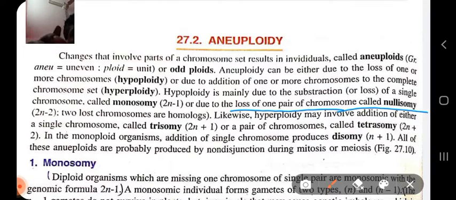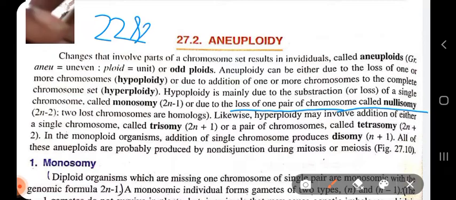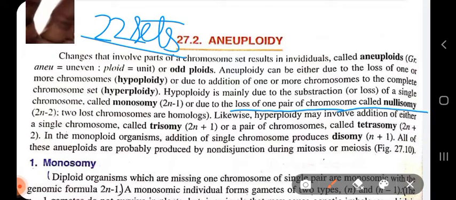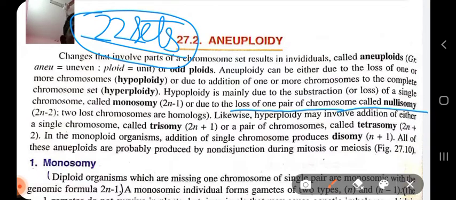Suppose we have 23 pairs of chromosomes and one pair of chromosomes is lost, suppose chromosome number 21 has been lost, so we have now only 22 sets of chromosomes. That is called nullisomy.